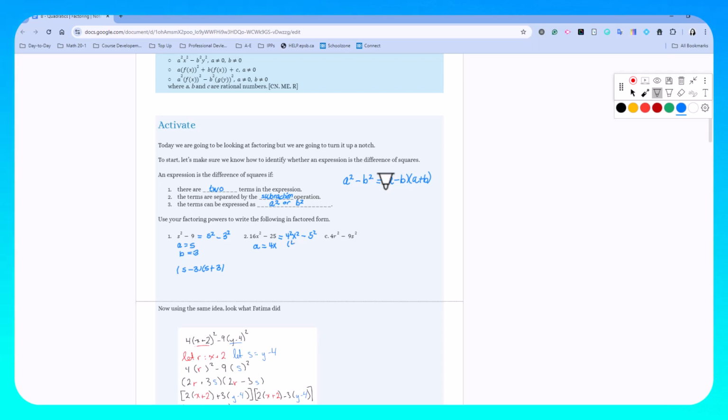This can be rewritten as 4x squared minus 5 squared. We're using a little bit of exponent rules here to get everything inside the bracket. So b equals 5, and this factored would be 4x minus 5 times 4x plus 5.